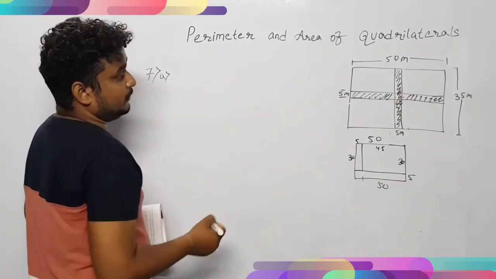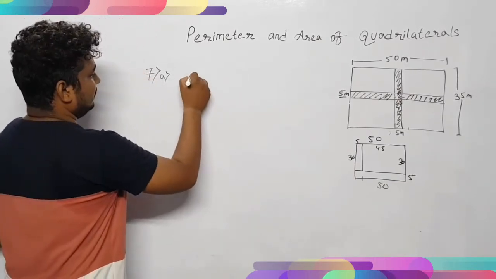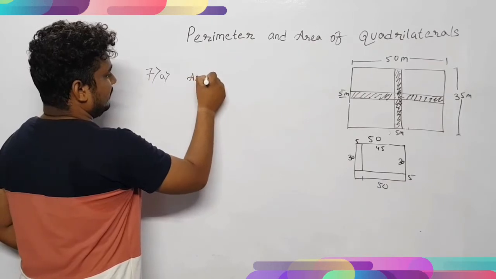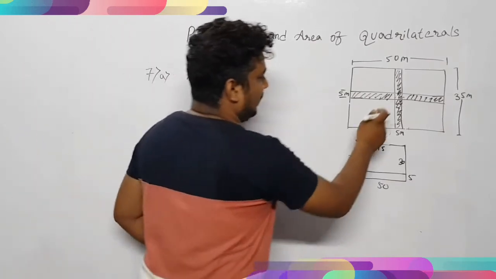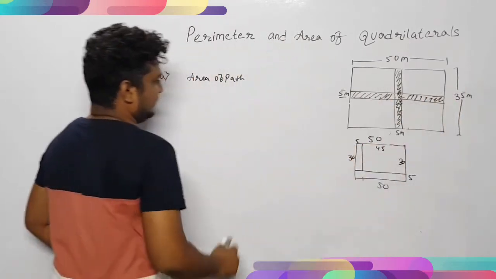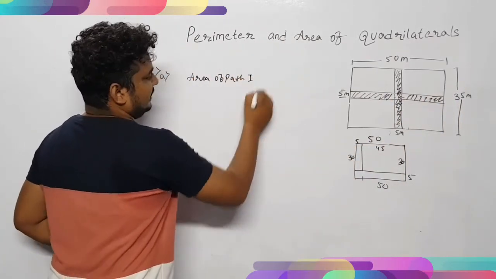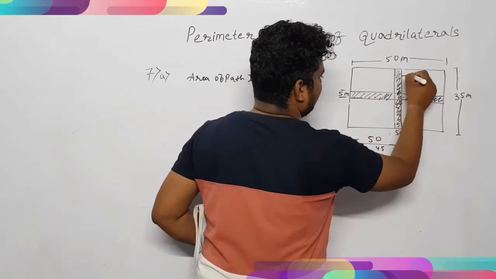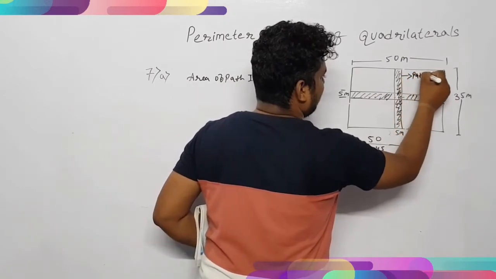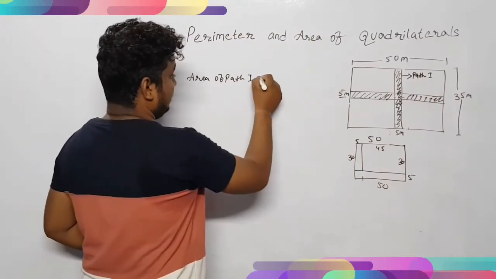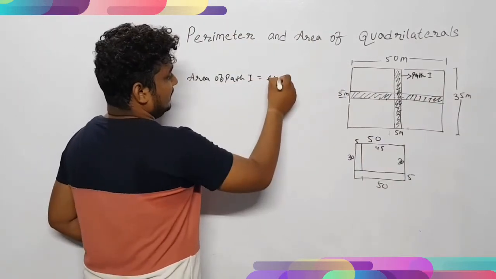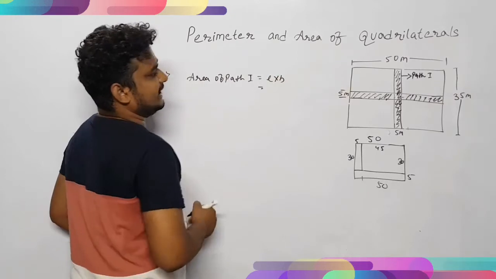First of all, we will find the area of the path. There are two paths, one from this side and one from this side. Let this be path 1. So the area of path 1 we can write as length into breadth, because it is a rectangular shape.